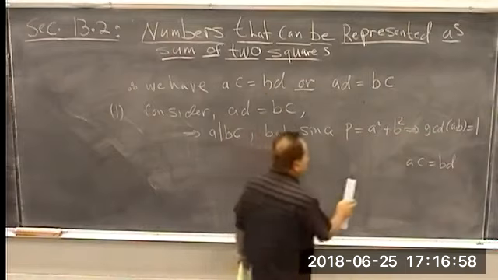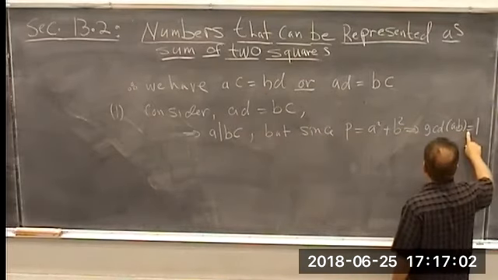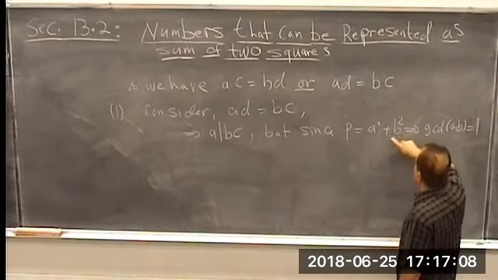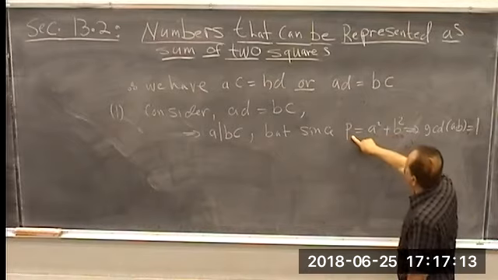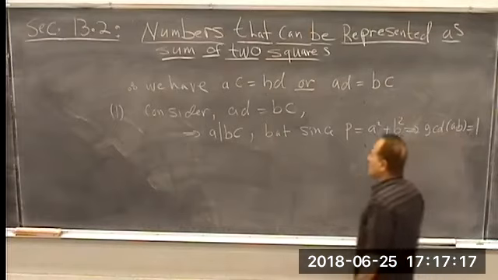The reason for this: if this is not equal to 1, then the common factor between these is going to divide P, but P is a prime, so that is not the case. So this must be equal to 1.